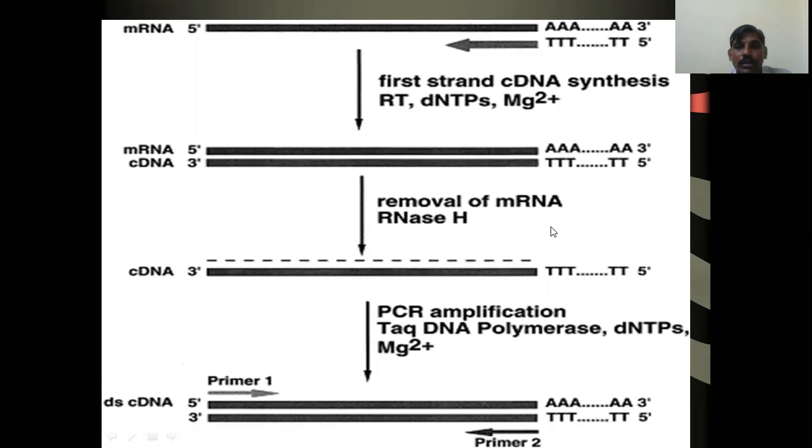Only a single-stranded cDNA is left. It is amplified with the help of DNA polymerase enzyme and the addition of dNTPs. Along with the primers, we get double-stranded cDNA. This double-stranded DNA undergoes several cycles and gives millions of copies. So this is reverse transcriptase PCR.